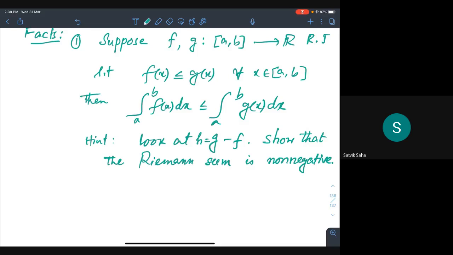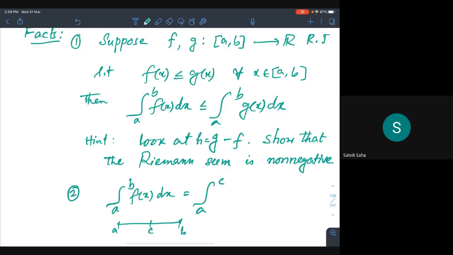All right. And then you can have this: the integral from a to b of f(x) dx is equal to the integral from a to c, where c is a point between a and b, of f(x) dx plus the integral from c to b of f(x) dx. So this you know from school.